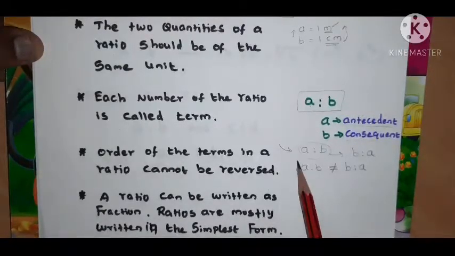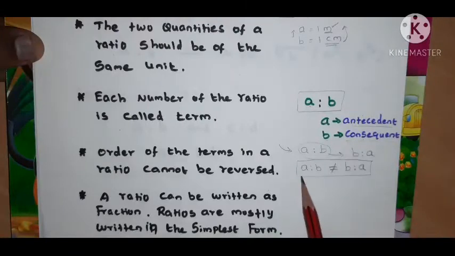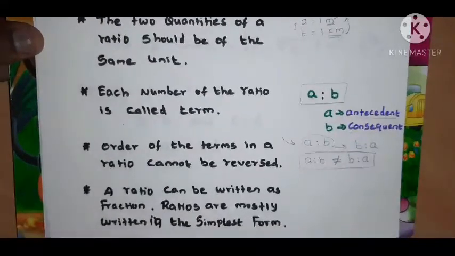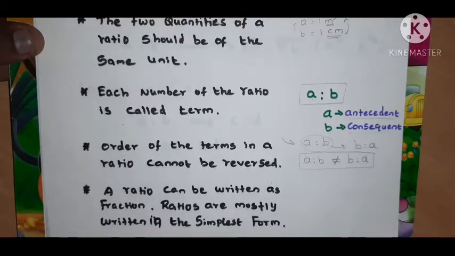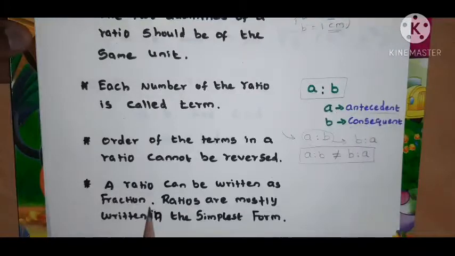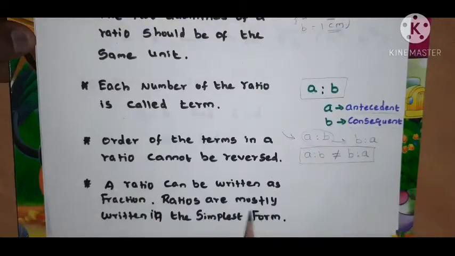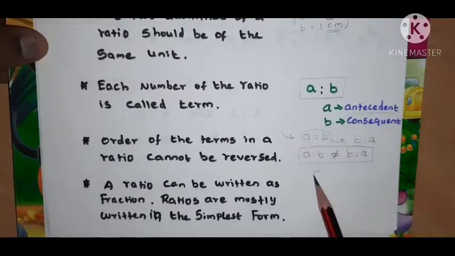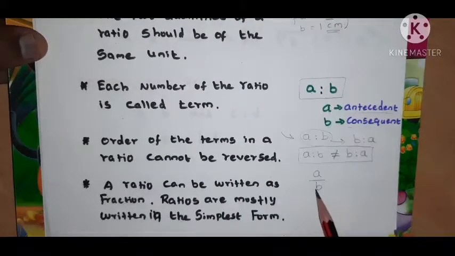Anyway, we will see this during the case study, right? Fine. Just remember, the order of the terms in a ratio cannot be reversed. That's very important. Next, a ratio can be written as a fraction. Of course, the form we have already discussed can be expressed as A by B, definitely.